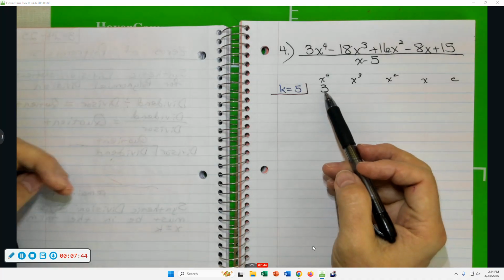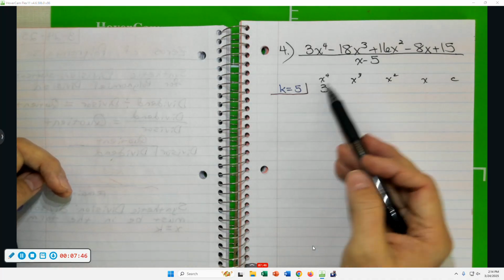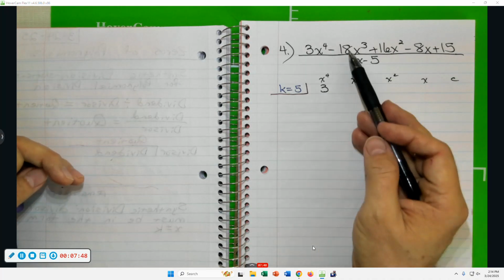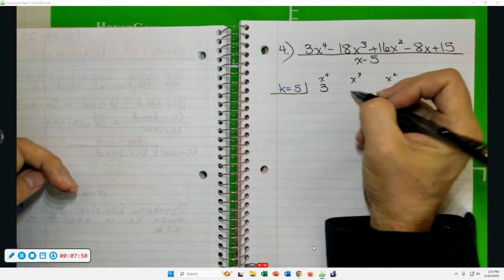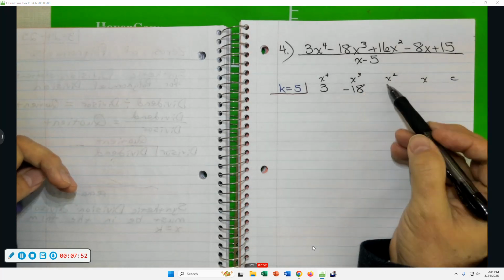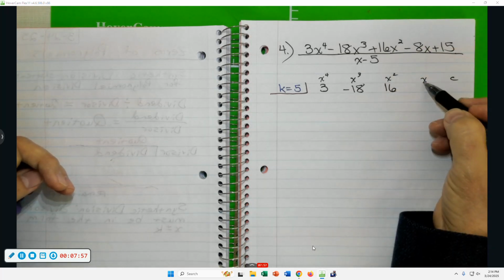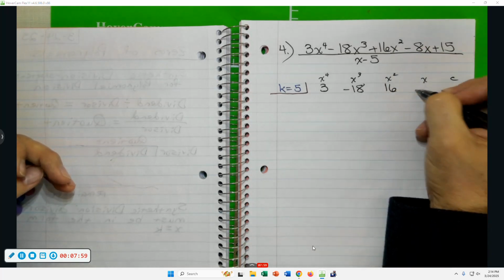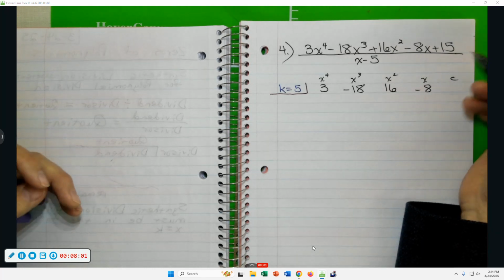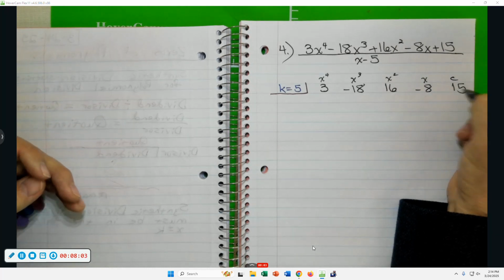The coefficient of x to the 4th is 3. The coefficient of x cubed is negative 18. For x squared, positive 16. For x, negative 8. And our constant is positive 15.